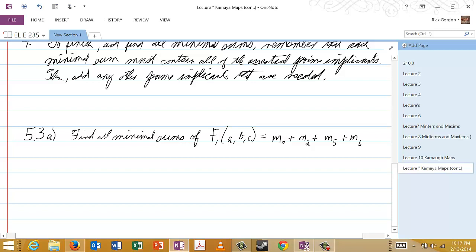So we have min term 0, min term 2, min term 5, and min term 6. And we want to write that function as compactly as possible.